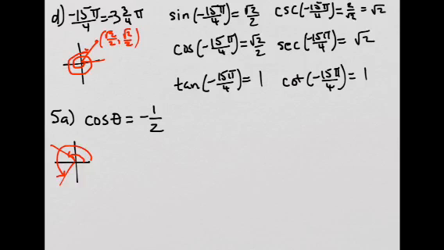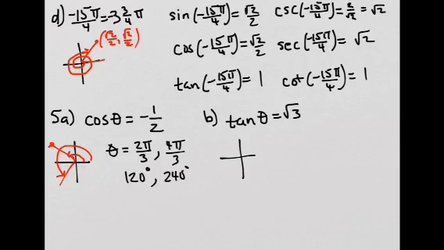The ratio 1/2 for cosine, in quadrant 2, would be 2 pi over 3. So theta is 2 pi over 3. And in quadrant 3, it's 4 pi over 3. In degrees, that would be 120 degrees for 2 pi over 3 and 240 degrees for 4 pi over 3.